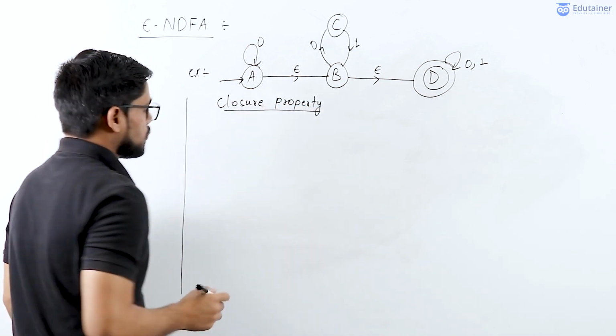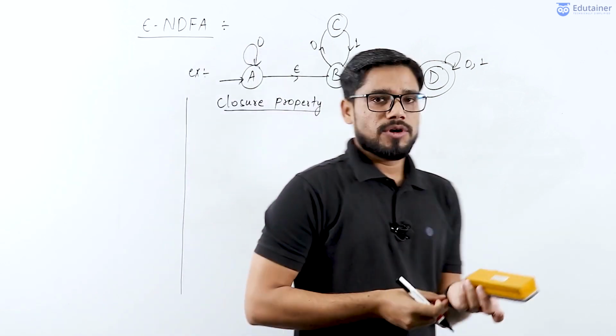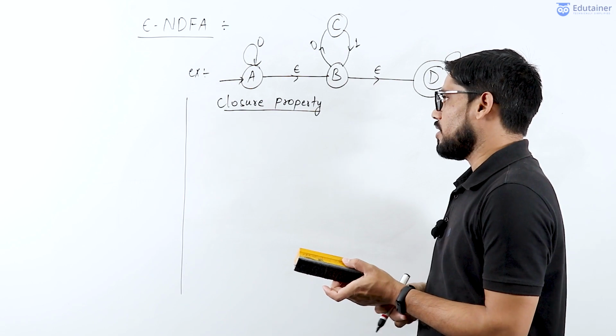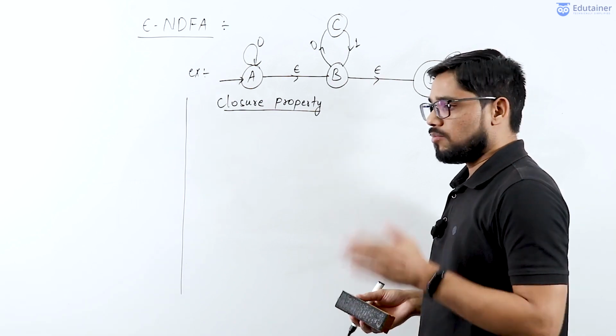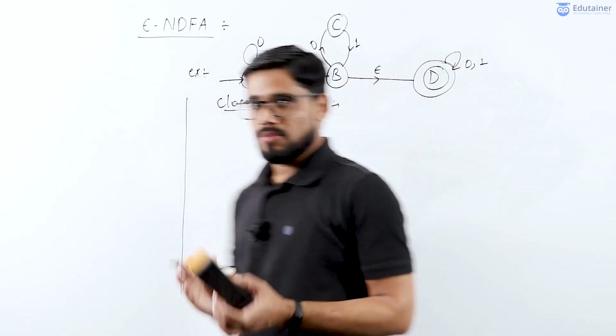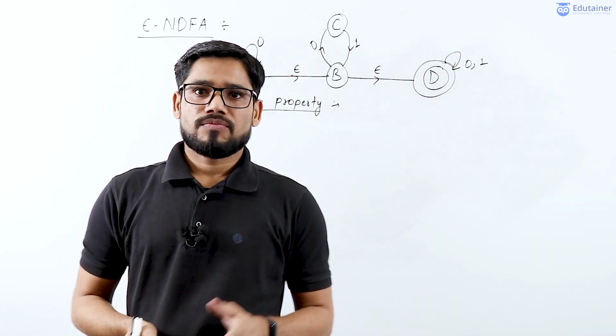There are a few points you have to remember. First, whenever you convert an epsilon NDFA to an NDFA, the number of states remains the same.